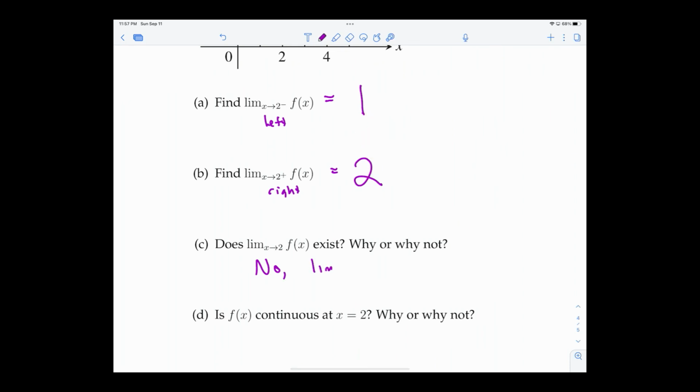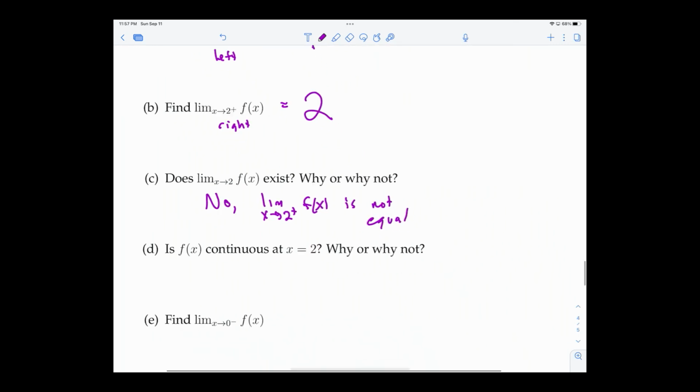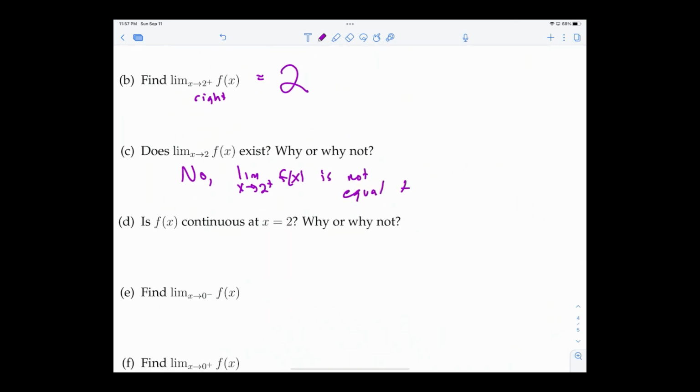So we just say limit x goes to 2 from the right is not equal to limit as x goes to 2 from the left. You could just say, left-hand limit and right-hand limit don't agree, or something like that. Of course, no is the most important part there.